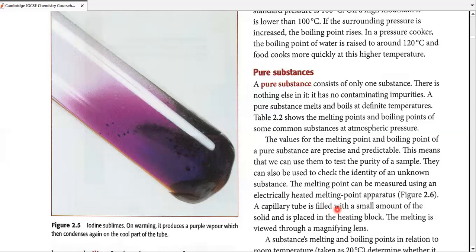Now, an important thing to remember is this line. A pure substance melts and boils at definite temperature. For example, if we were talking about water, we said the ice melts at 0 degrees centigrade and the water boils at 100 degrees centigrade. So these temperatures are quite definite temperatures.